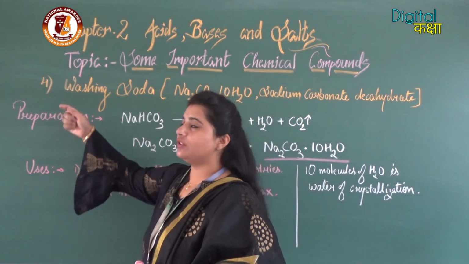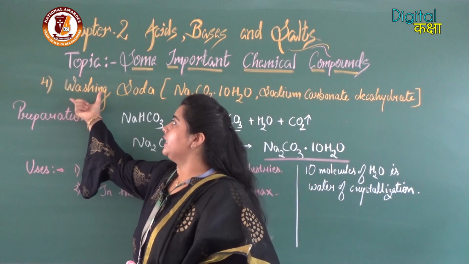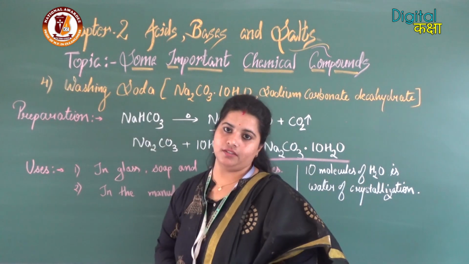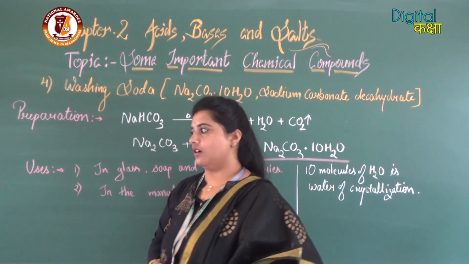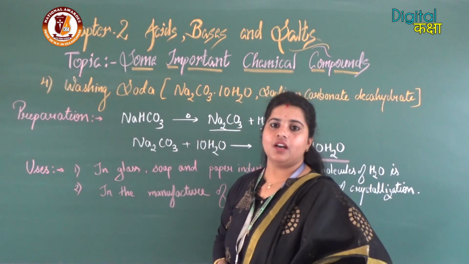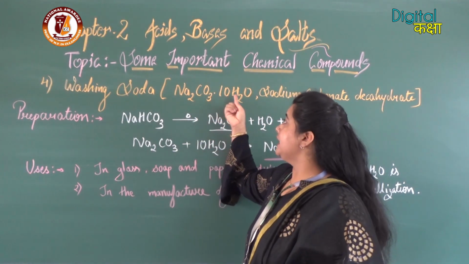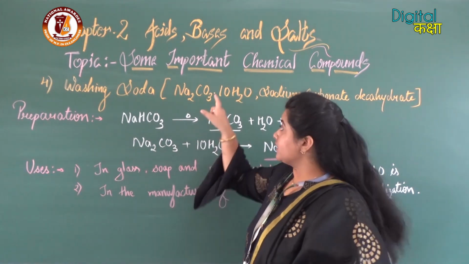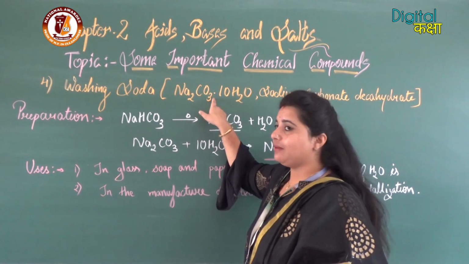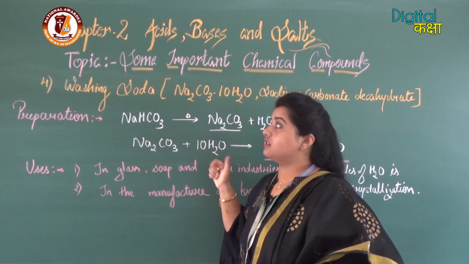Now let's move on to the next compound, that is washing soda. Washing soda, chemical formula is Na2CO3.10H2O. What is this dot? Why is the dot being placed? That we will discuss.